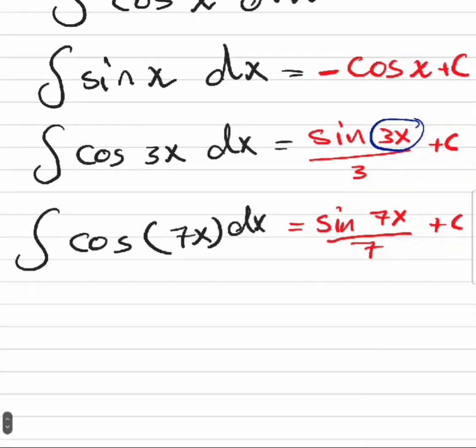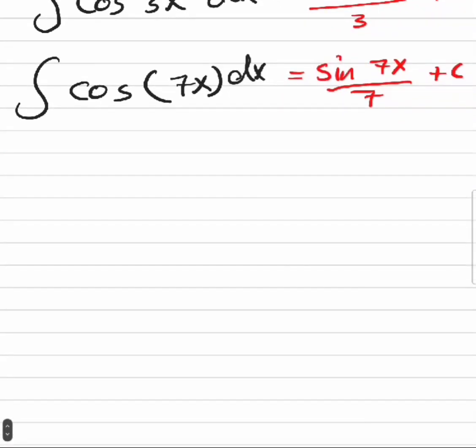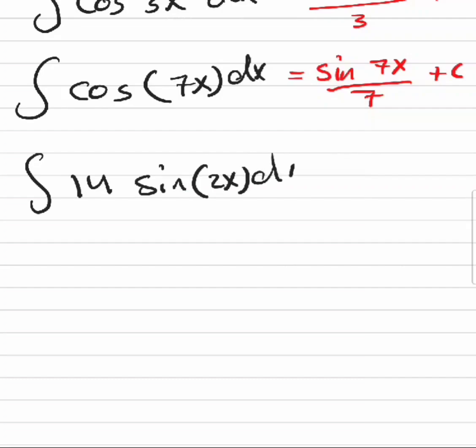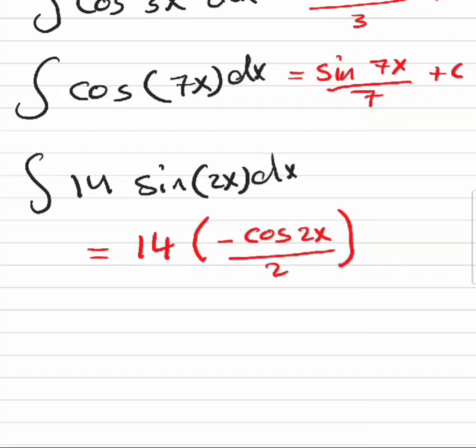Now what is the antiderivative of 14 sine 2x? So this is just going to be 14 times the antiderivative of sine, which is negative cosine 2x, but divided by 2.